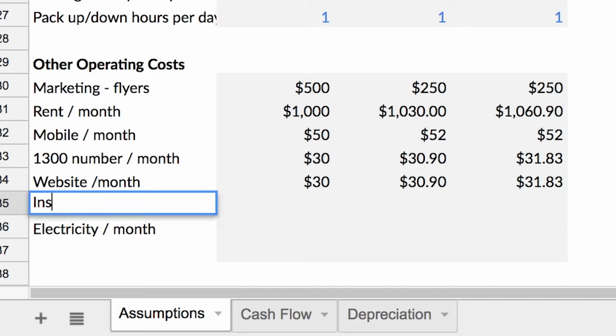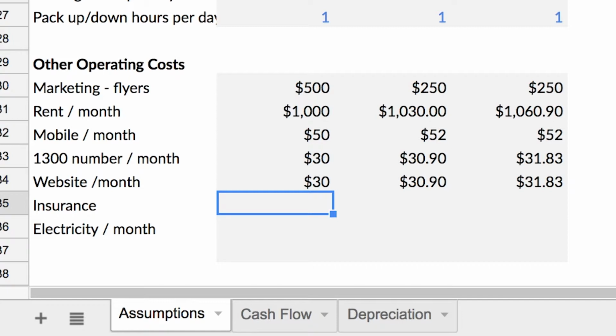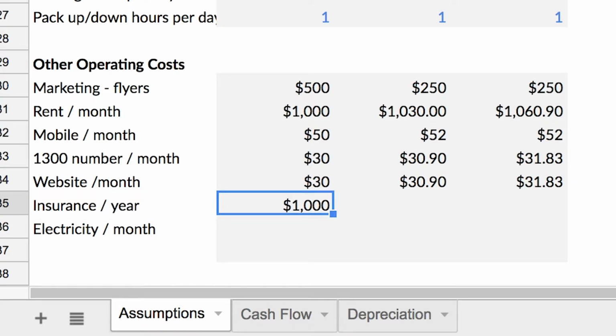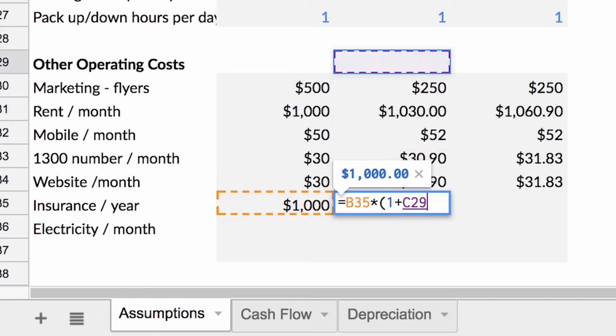It's actually an annual cost. Typically, insurance charges you per year. So let's assume our insurance is $1,000 a year. And let's just be very clear that it's a yearly cost. Right, so $1,000 a year, and we know that the insurance company is going to raise our premium. We're just assuming it goes up by inflation.